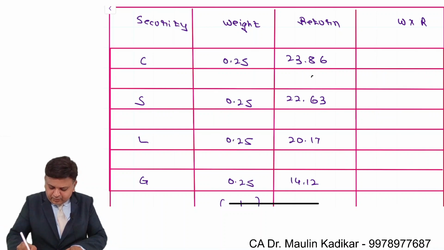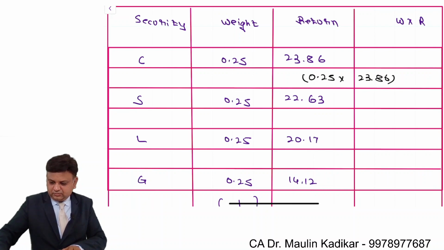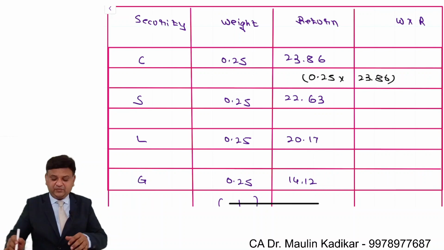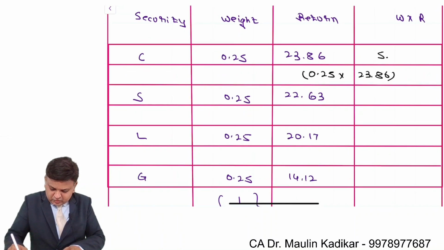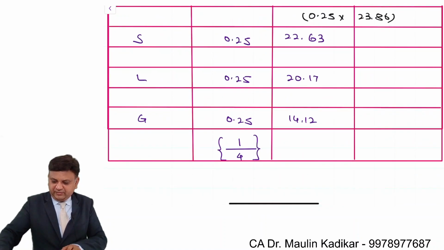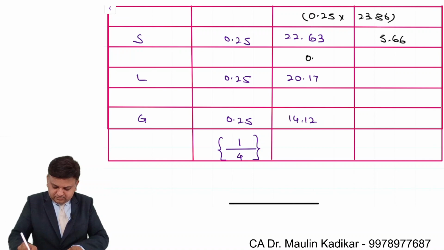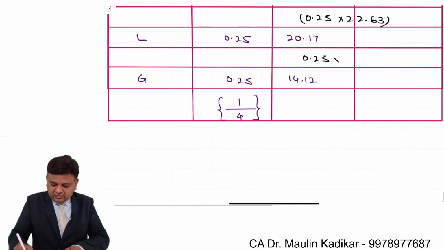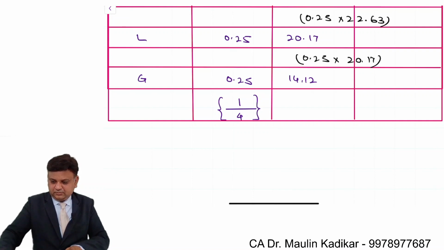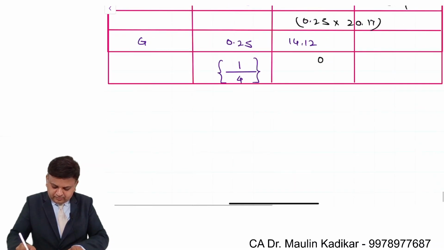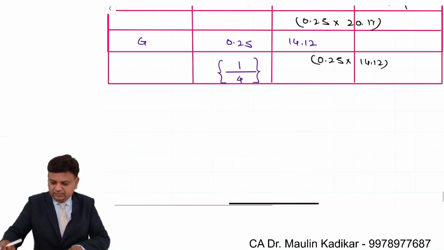So 0.25 into 23.86 is 5.965 or 5.97. 0.25 into 22.63 is 5.6575, that is 5.66. 0.25 into 20.17 is 5.0425. 0.25 into 14.12 is 3.53.